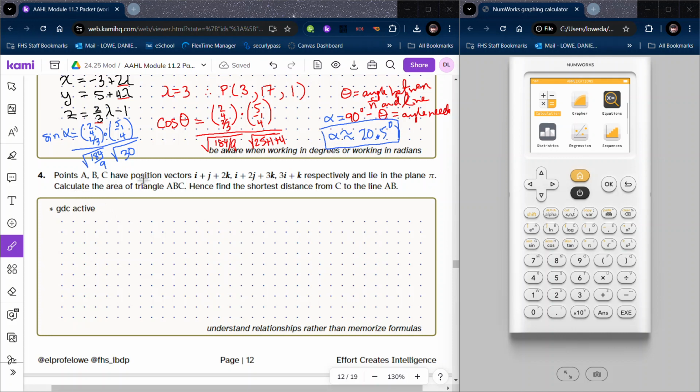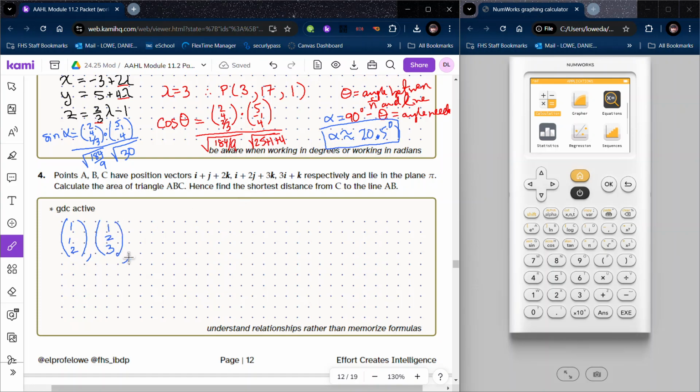Let's say we have a problem like you see in number 4, where point A, point B, and point C have given position vectors. I'm just going to rewrite this as 1, 1, 2 for point A, and I have 1, 2, 3 for point B, and then, excuse me, I have 3, 0, 1 for point C, right?